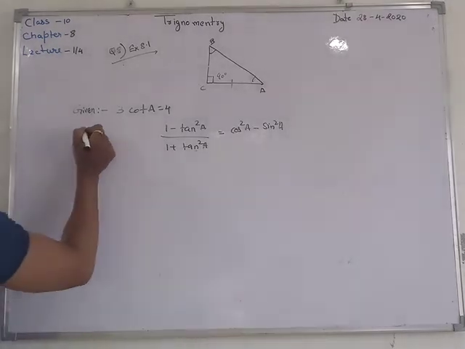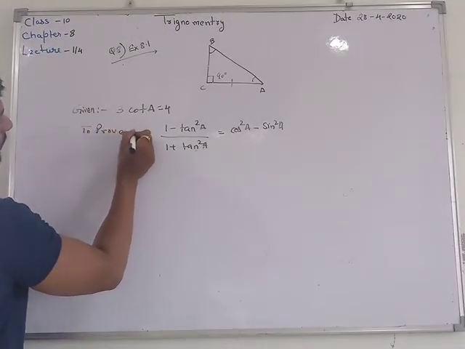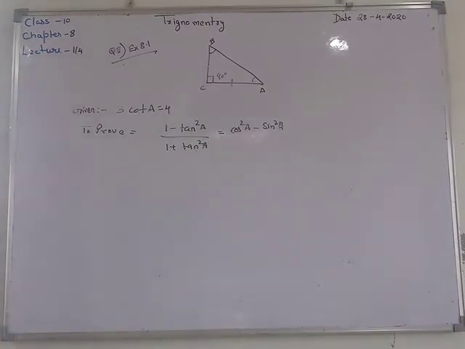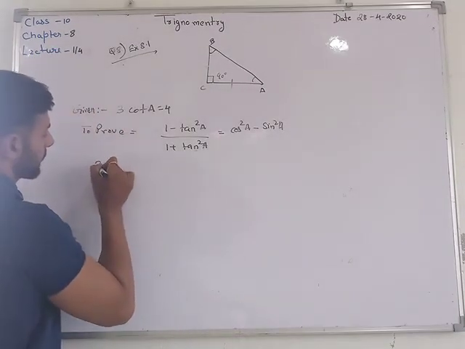Now to prove 1 minus tan square A upon 1 plus tan square A is equal to cos square A minus sin square A.